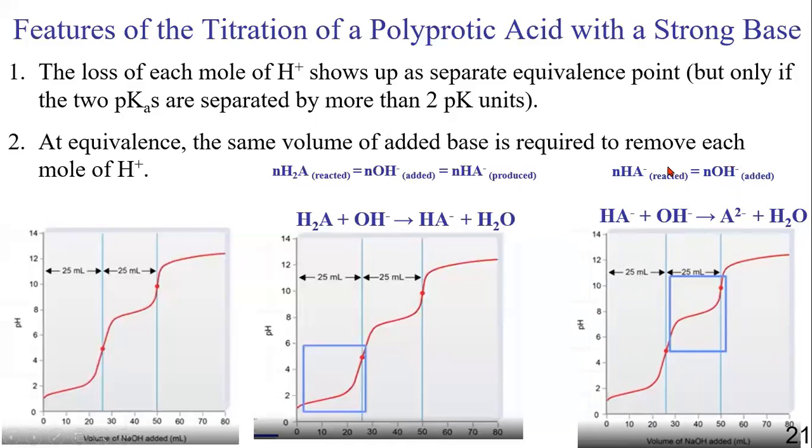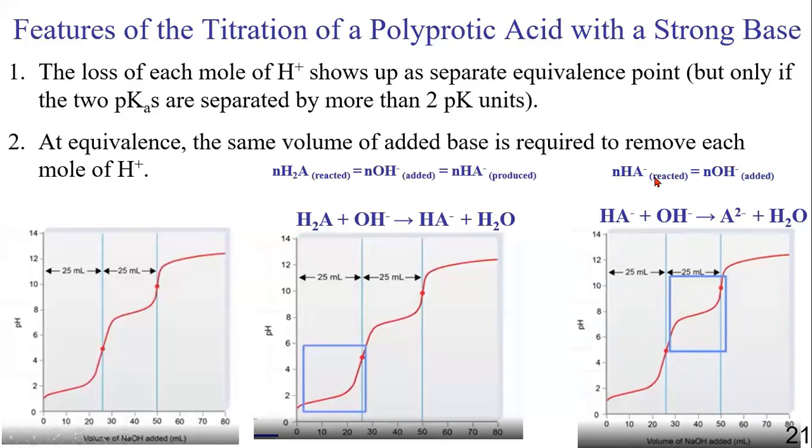Well, what is this moles of HA minus reacted? That's just coming from this equation. And what is that amount? That's just coming from the H2A. So actually we have the same number of moles of H2A as we have HA minus.